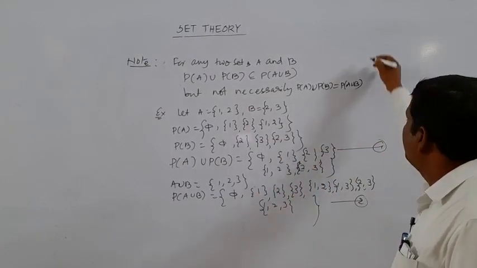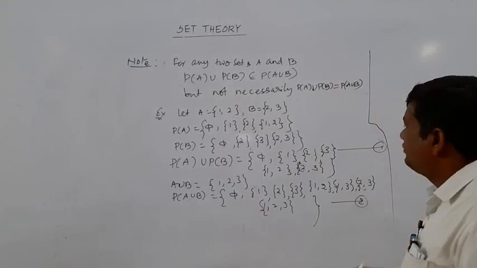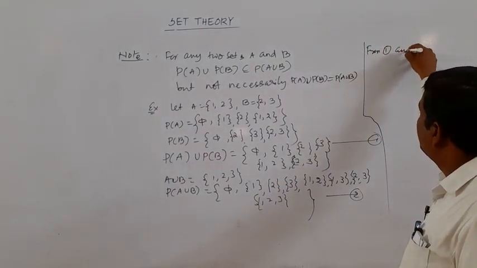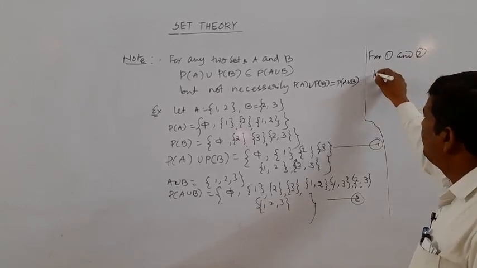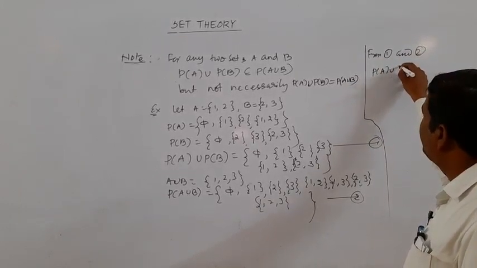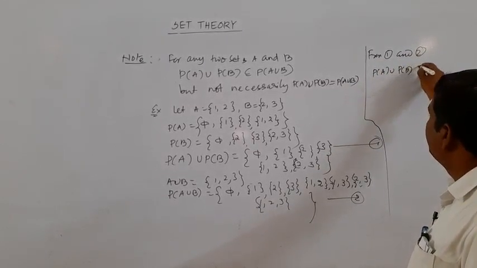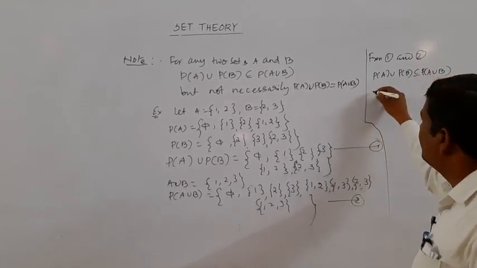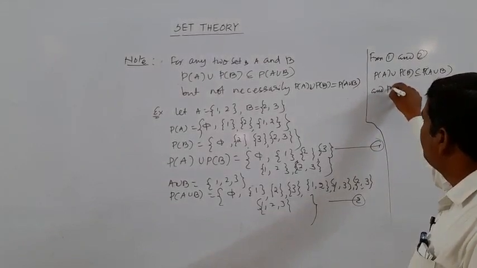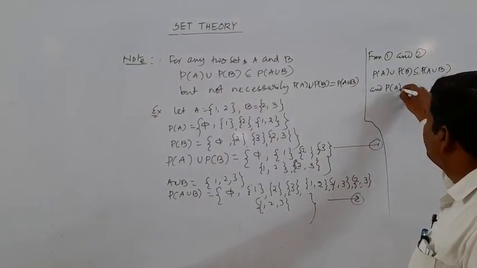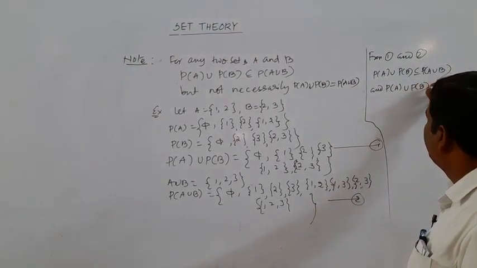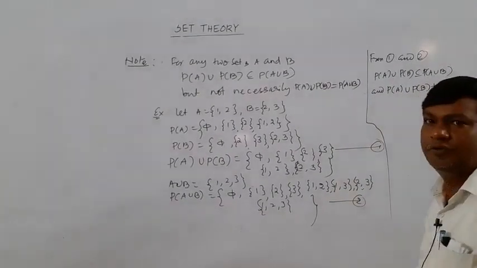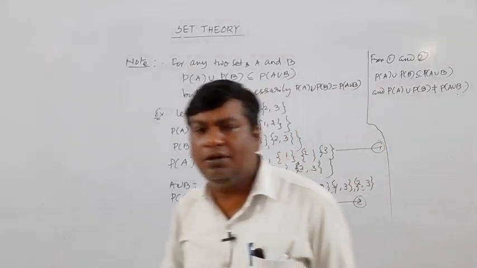From 1 and 2, P of A union P of B is a subset of P of A union B, and P of A union P of B is not equal to P of A union B.